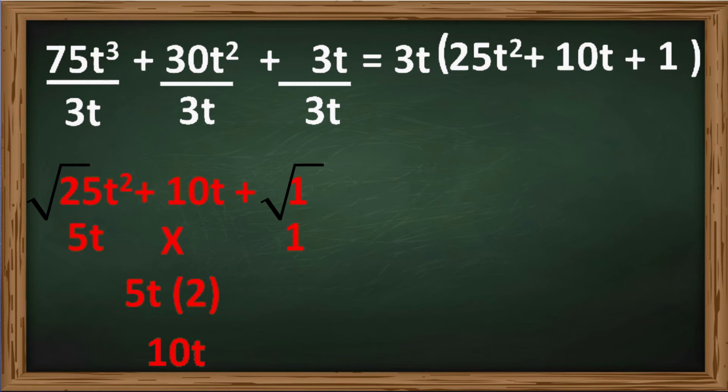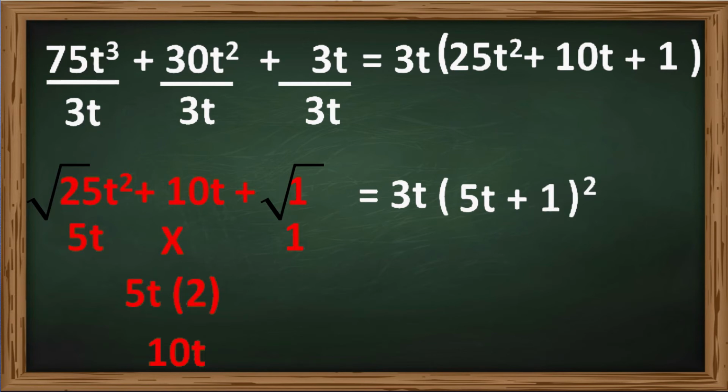Therefore, let's factor this expression using PST technique. 3t quantity, the square root of 25t squared, 5t. Then the square root of 1, 1 of course. Close parenthesis.